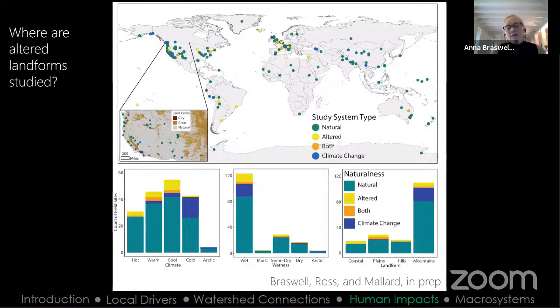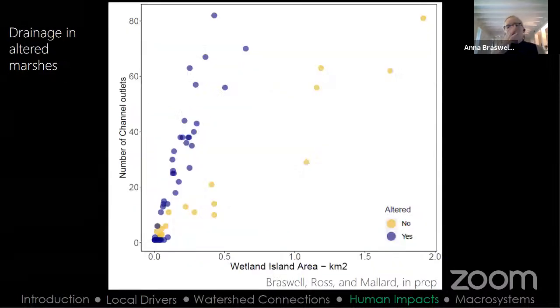So we tend to think about them in cool or cold climates and wet areas, and also tend to think about them on the mountains. So there is a lot of room for growth in thinking about altered systems and how they function, considering that it is a pervasive change across the whole globe. So we then took a couple case studies, and the one I'm going to present to you today is the coastal wetland one that I've been working on.